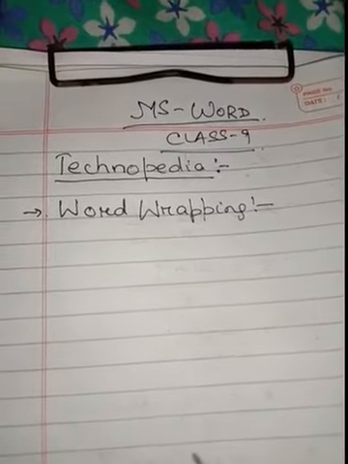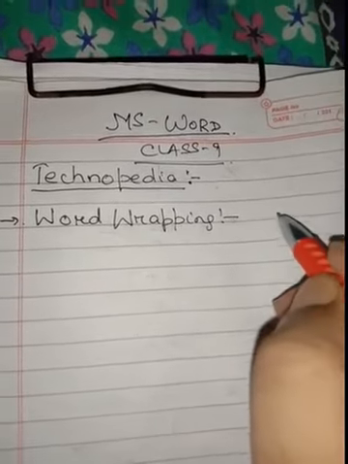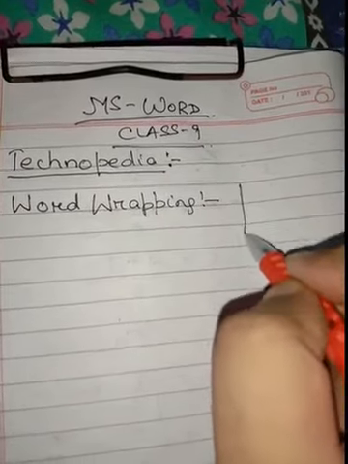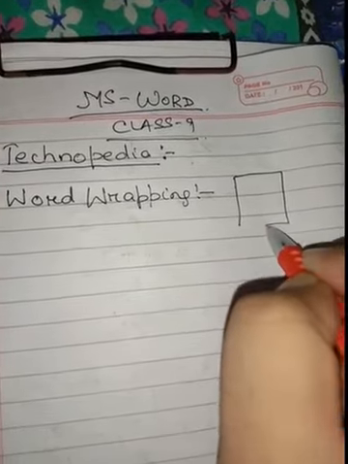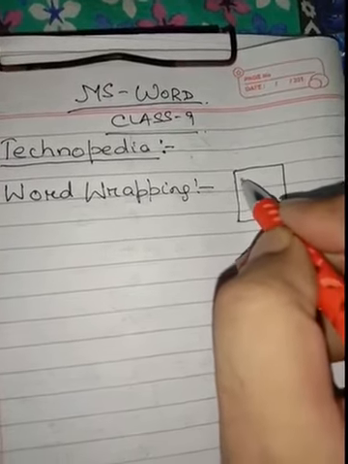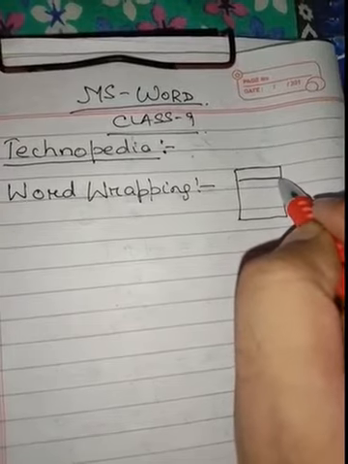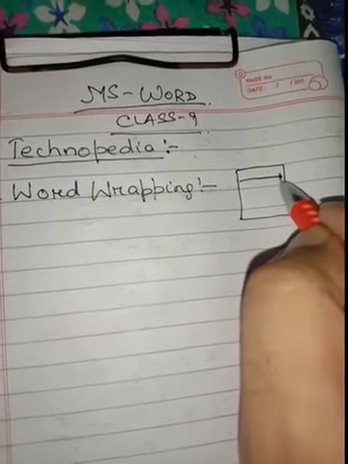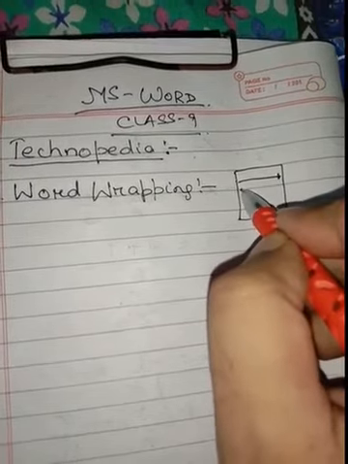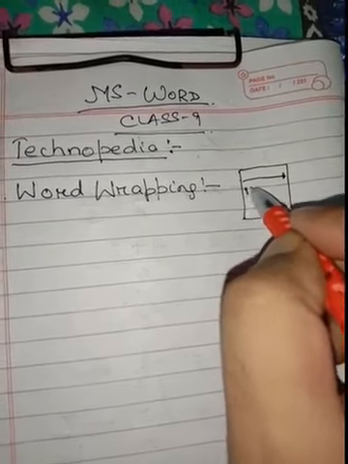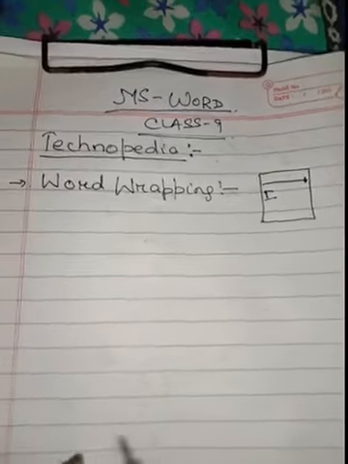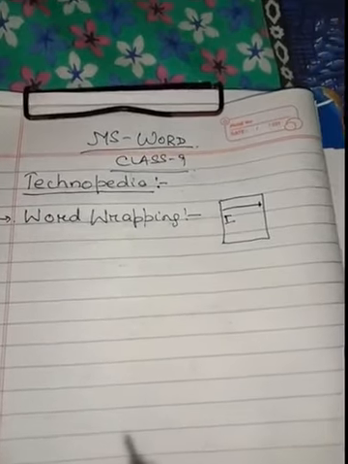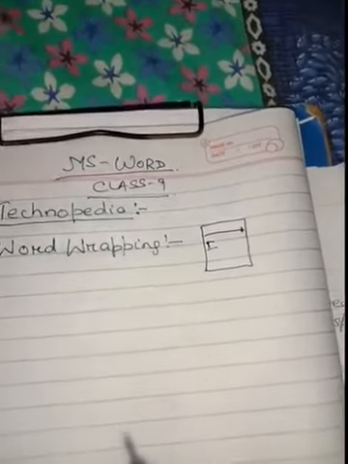Suppose this is the text area over here, and as we have typed the content, as soon as it reaches a particular right side area, it automatically comes to the next line without pressing the enter key. So this is known as word wrapping. This is an important feature of MS Word.